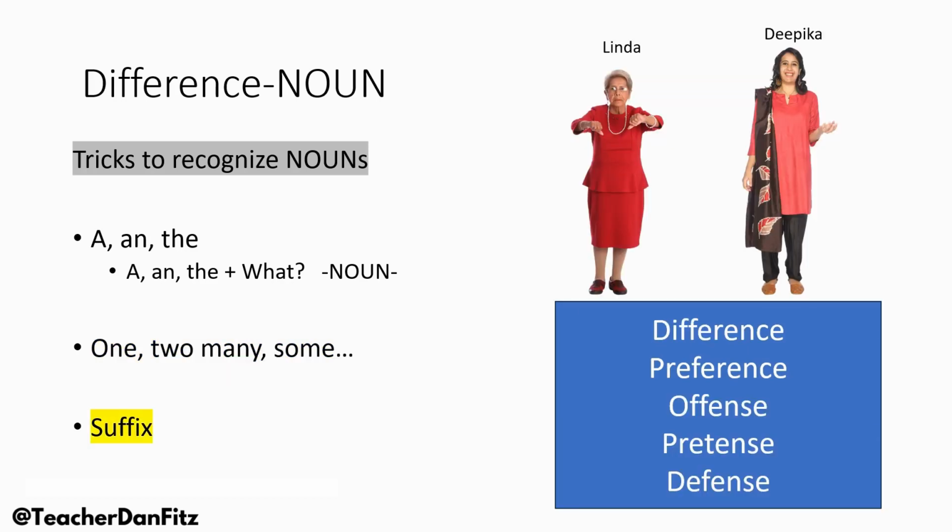Sometimes you can recognize if a word is a noun based on the suffix, or what's added at the end of the word. For example, difference with ENCE is a noun, and a lot of words that end in that spelling are nouns. For example, preference, offense, pretense, and defense.